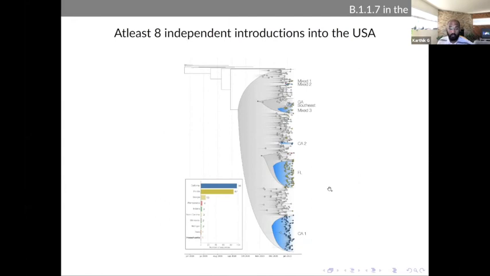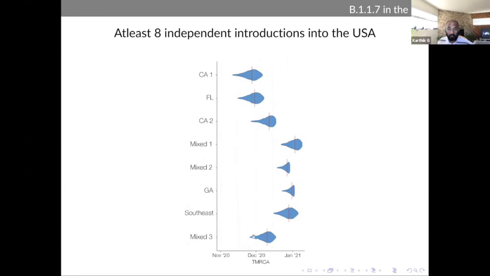When we look at the timing of these introductions, we see that most of them happened between late November and early January. And as more and more data comes in, we'll be able to fill out the number of introductions and establish a more accurate story as to how the lineage is spreading.